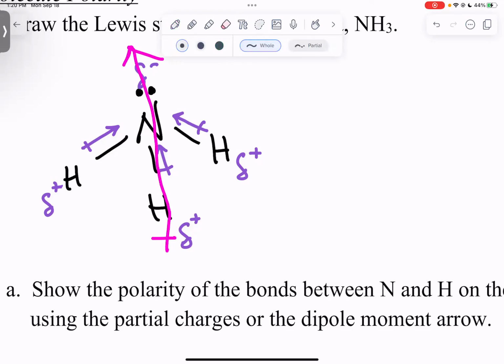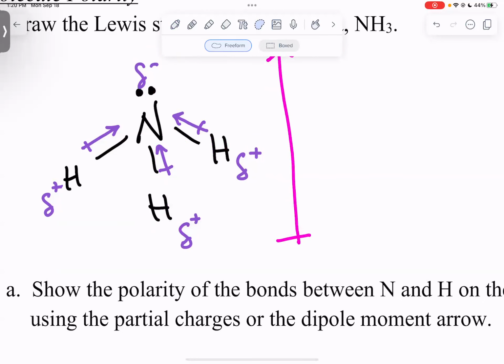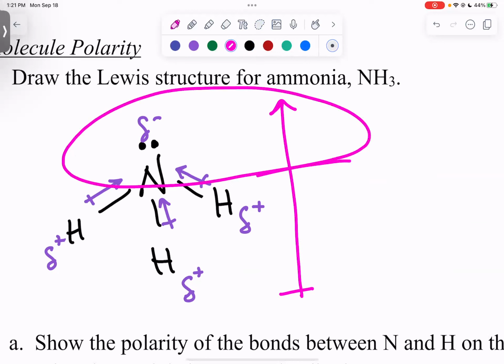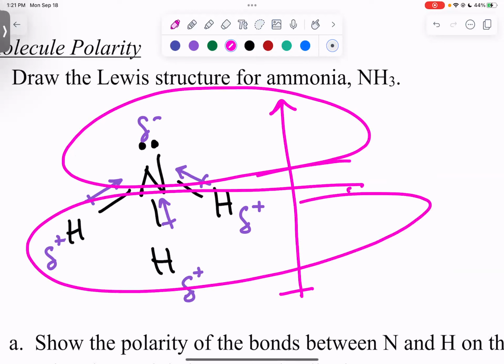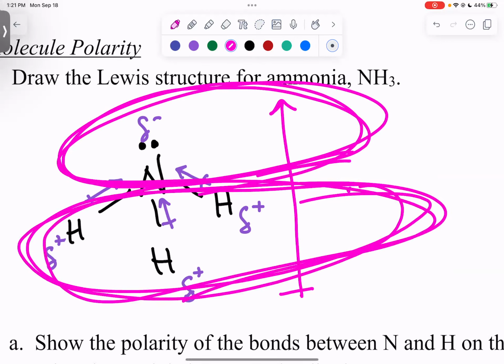That's a terrible looking arrow. Terrible. Okay. So I can just take that arrow and push it off to the side and say, okay, that's my dipole moment. We typically don't draw a dipole moment on top of the molecule just because so much is going on. But we're just saying that up here is partially negative, down here is partially positive. And that's all we're saying.